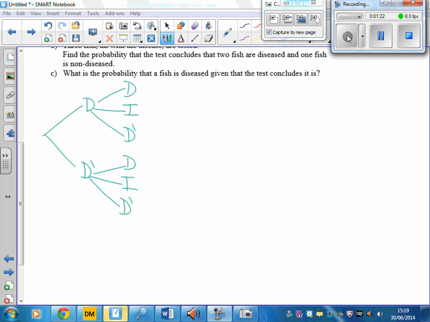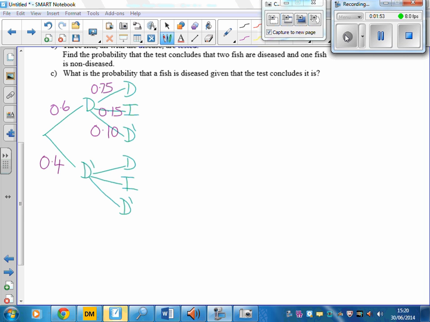So the probabilities would be 0.6 for diseased fish and 0.4 for not diseased fish. If it's diseased, the probability the test would say it was diseased is 0.75, inconclusive 0.15, and not diseased 0.1.